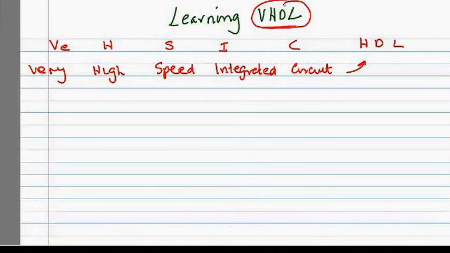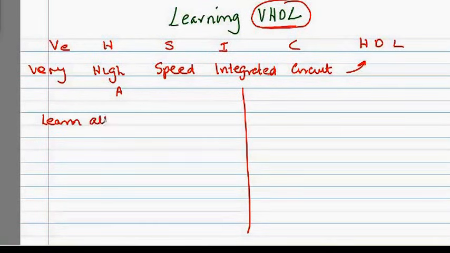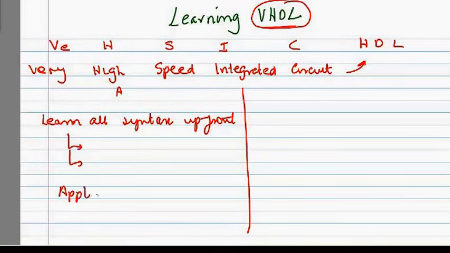Now there are two approaches to learning VHDL. Approach A is that we learn all the syntax up front, all of it in VHDL, look at the different components, and then we apply.